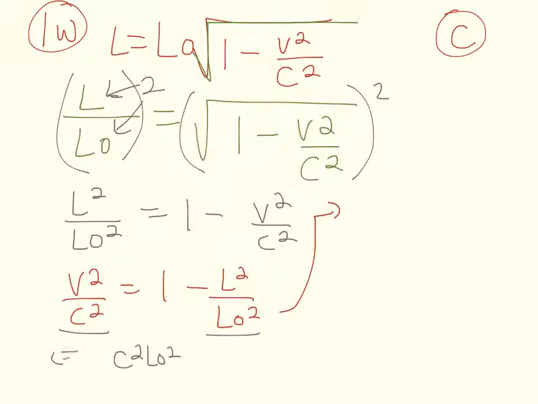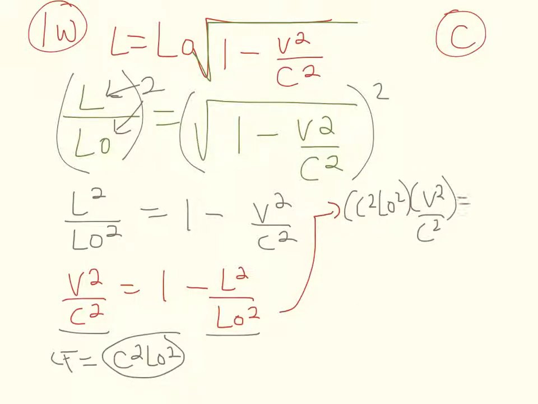That's going to be our common factor. There's always a common factor, and typically when we're using formulas, it is often the letters just squished together, because when they're squished together like this, it means C squared multiplied by L naught squared. So every single term is going to be multiplied by C squared L naught squared.